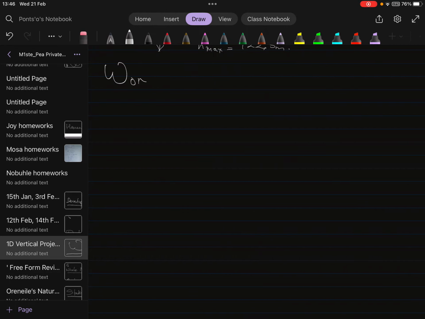Okay. Let's do another word example. Eiffel Tower. A sequence of balls are successively dropped from the top of a tower. The time interval between the release of the balls is equal.